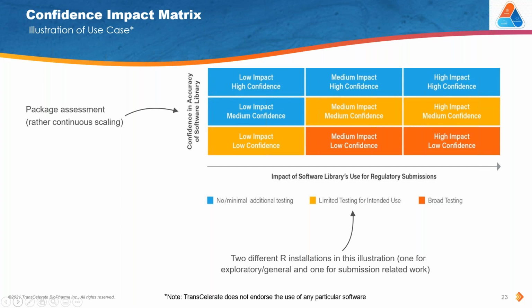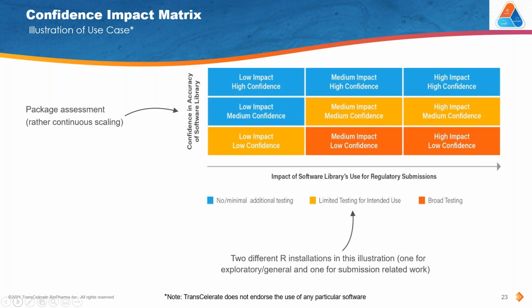And as you can see in this confidence impact matrix, within an MSA environment, accuracy is not just a binary designation of yes or no, but it is rather an assessment based on two independent factors. If you look at vertically, it is judging the software's ability to demonstrate confidence in its results.